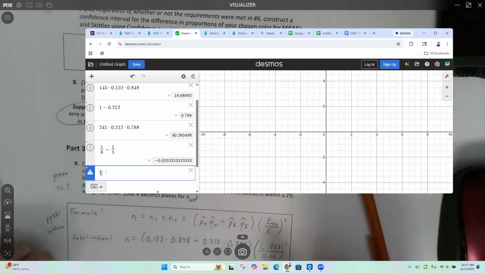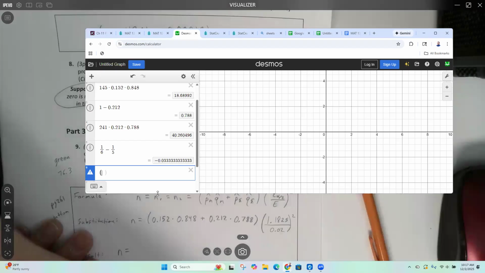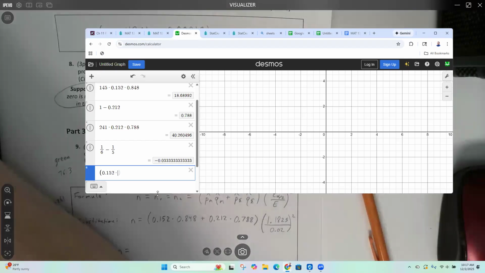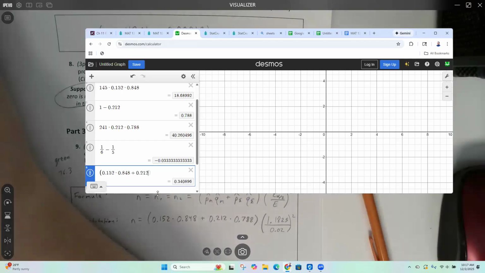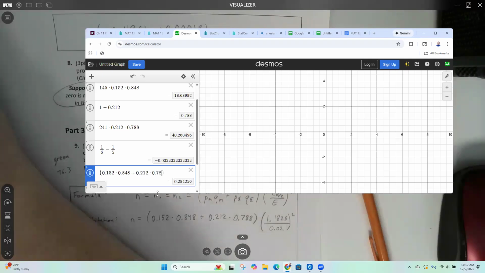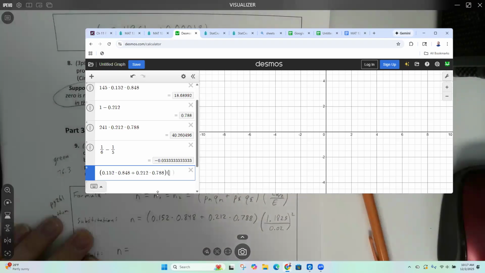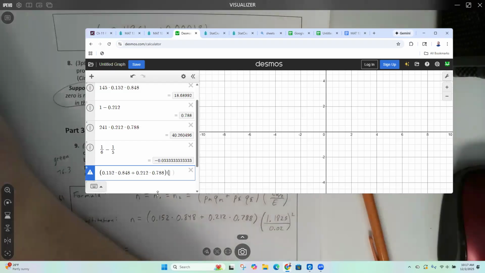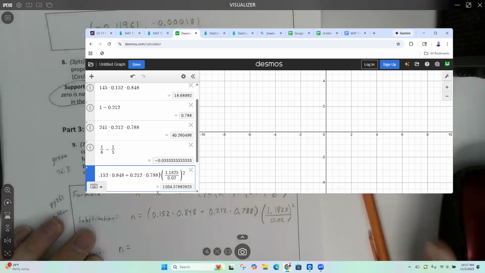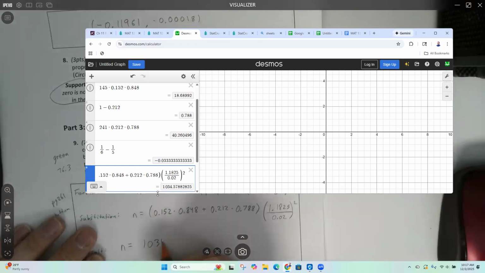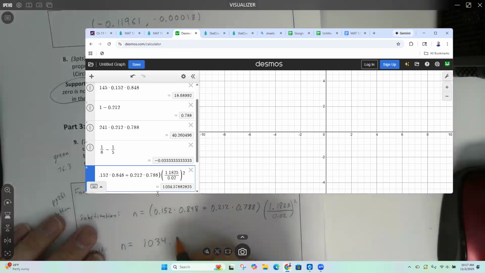Times, plus, times, close my parenthesis, open a new parenthesis, 1.1825 divided by 0.02, close my parenthesis and square it by holding Shift 6, 2. And there's my number. I get 1034.58.